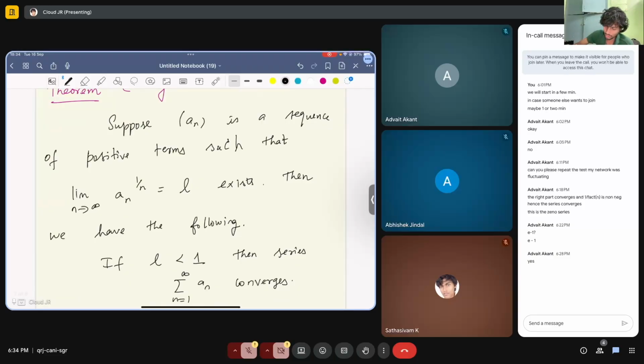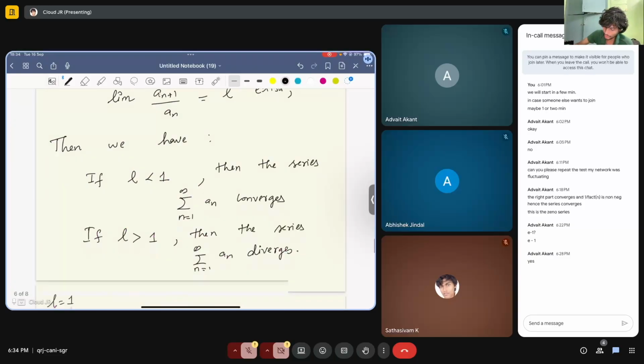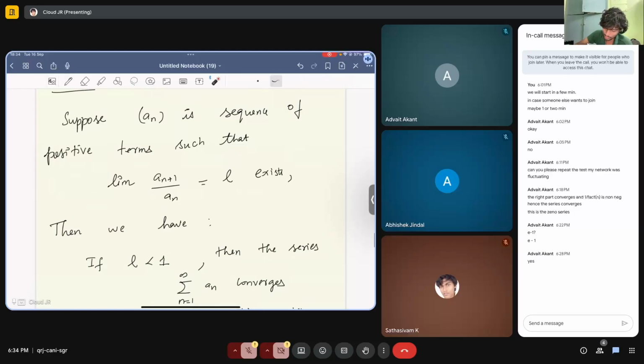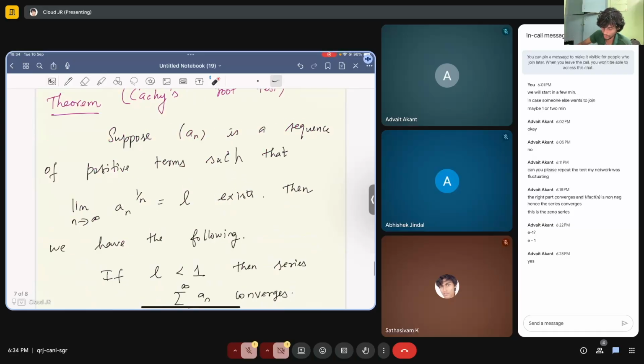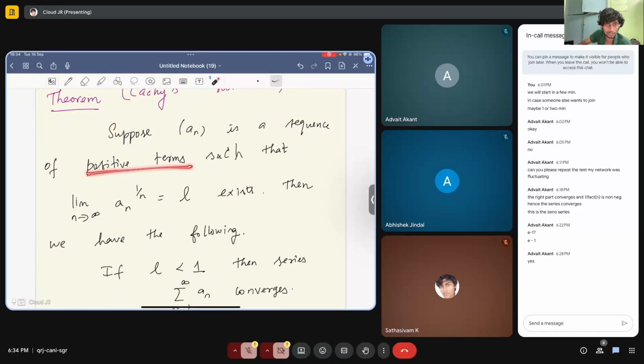At least here you can see this positive term is actually very important because otherwise you cannot take the root. But I'm not very sure whether we need a positive term here. You may not exactly need a positive term. At least when I see the proof, the positive term is not needed.